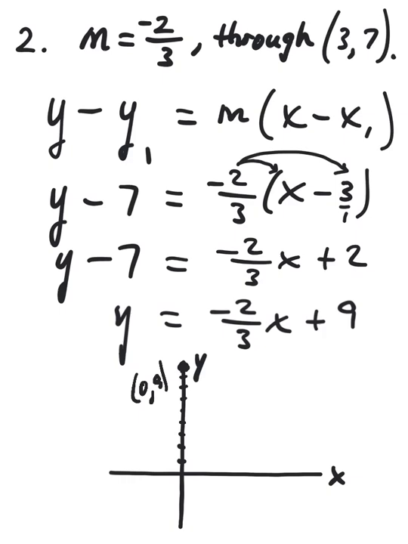So from that intercept, we're going to count down 2 over 3, which is going to take us to 3, 7 if you were to plot this point. 1, 2, 3. 3, 7. Connect the dots. It has a negative slope, but not very steep, and that's one of the features of a slope of negative 2/3: it is negative, so it's going to run down and right, but it isn't very steep at all. And I'm going to put a 0 here for origin.